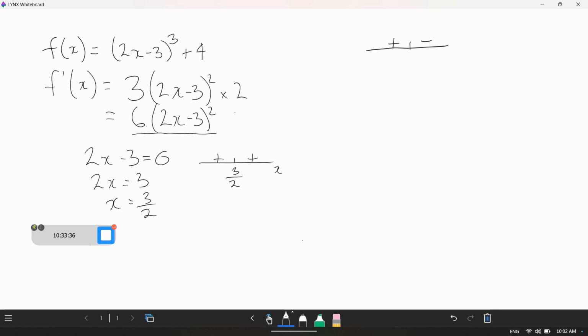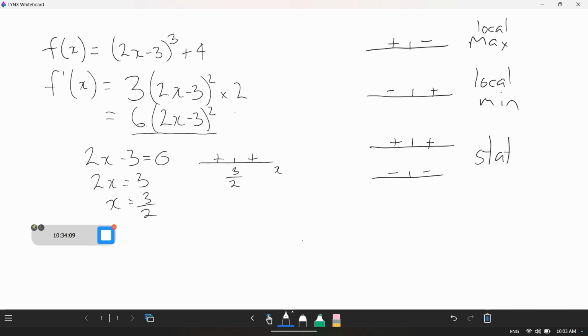If our sign diagram indicates plus then minus, that would be the indication of a local maximum, because the function is increasing up until the stationary point, then it's decreasing after it. Plus minus indicates local maximum. Minus plus, our function is decreasing until it hits the stationary point, then it starts increasing. In this instance, we have an indication of a local minimum. And if we have plus plus or minus minus, that indicates a stationary inflection point.